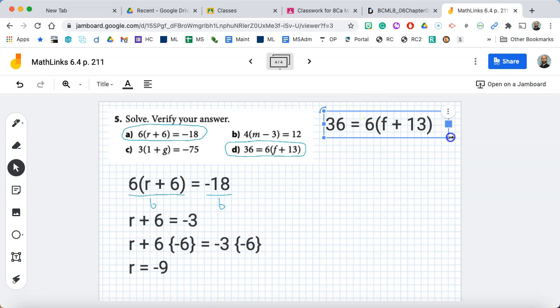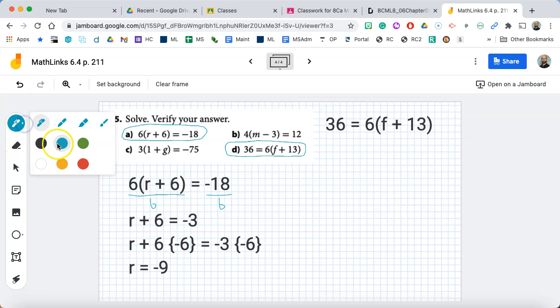Now, if we were going to use the Sephora rule, we would immediately divide both sides by 6. But instead, we're going to use the distributive property. And what we're going to do is multiply 6 times f and 6 times 13.